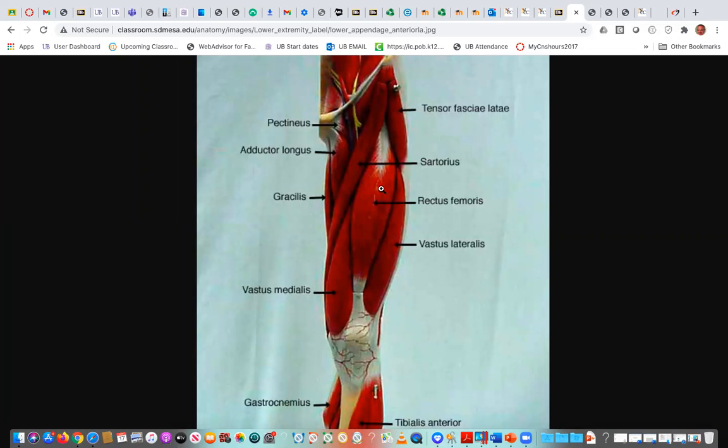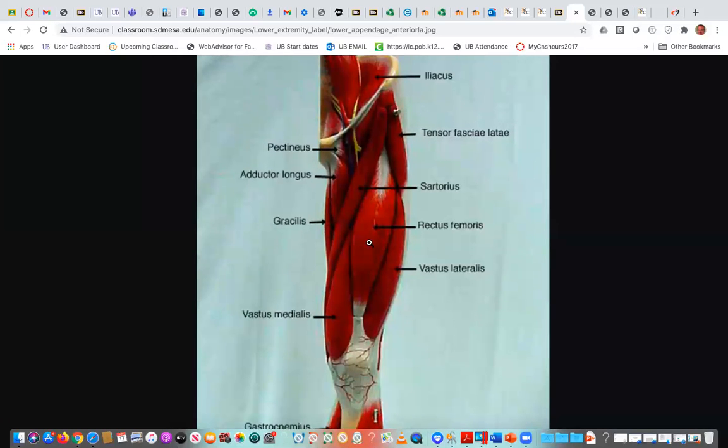rectus femoris. The rectus femoris, which is here, it's the only muscle of the 4 quadriceps that crosses not just the knee joint, but it also crosses the hip joint, because this one originates, if we peel the Sartorius away and peel the TFL away, it doesn't originate on the ASIS, it originates below it on the AIIS.